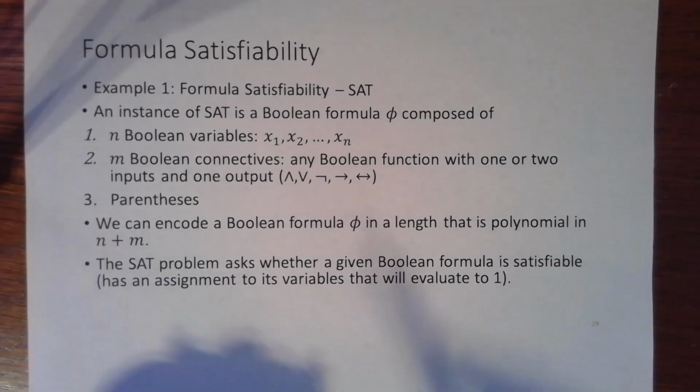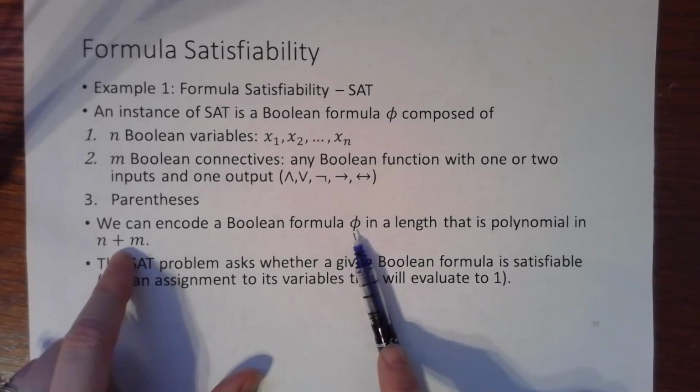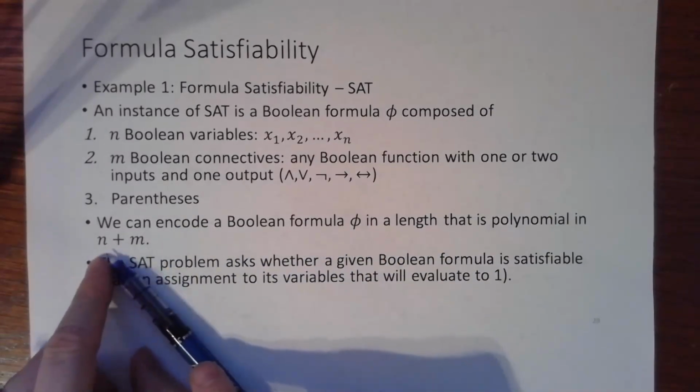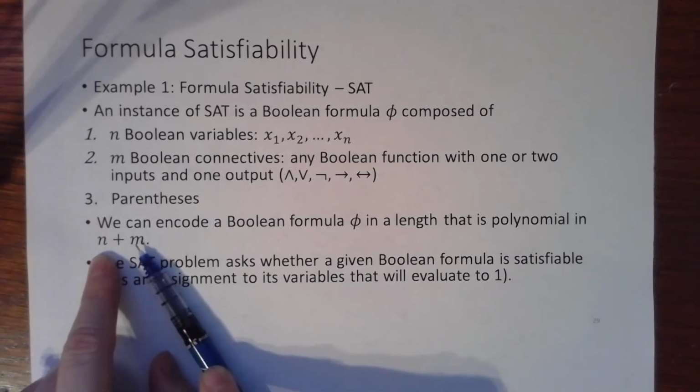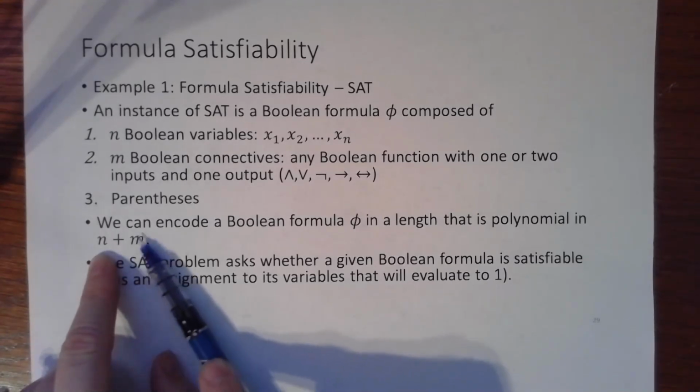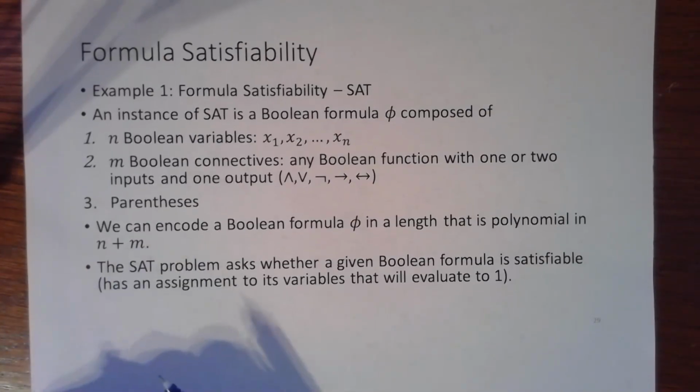We can encode any Boolean formula in a length that's polynomial in the number of variables plus the number of connectives or gates that we have. And that is what we need to show that this problem, SAT, is NP complete.